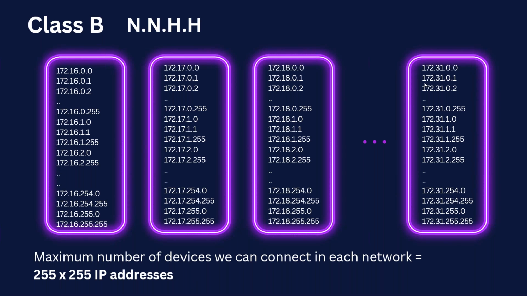So in each of these networks, the 172.16 network, the 172.17 network, the 172.18 network, up to the 172.31 network, we can connect a maximum of 255 into 255 IPs. Why two times? Because you have two host portions here. Is that clear? Vivek, Rohit, Shivakumar, and Ajay.